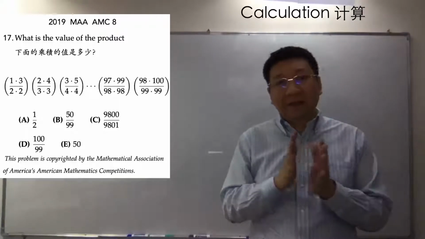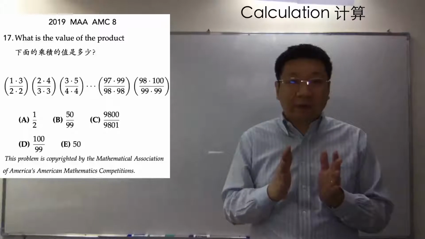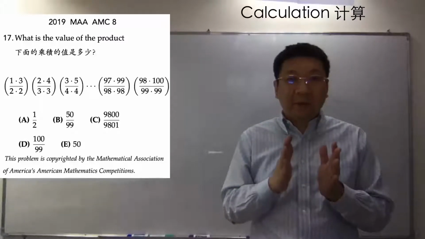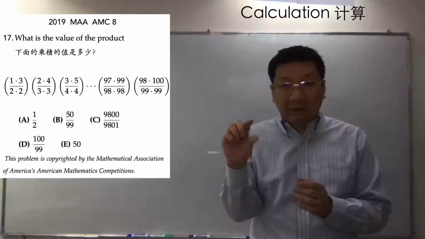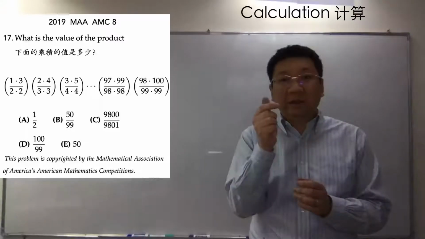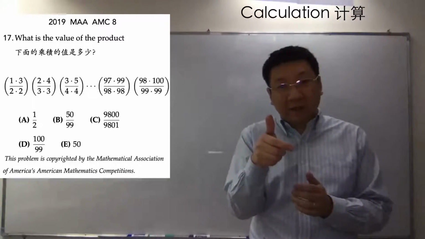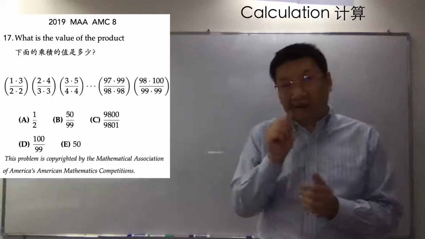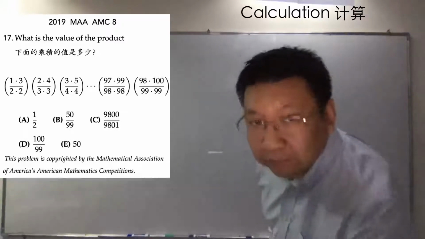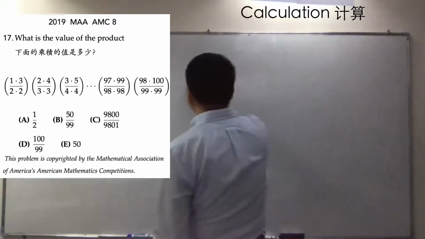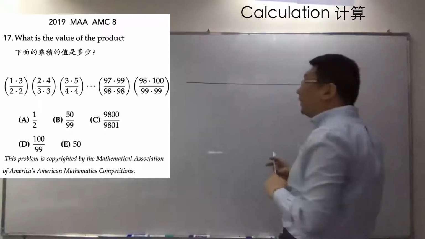So the clever way I think of is I will write down both the numerator and the denominator not in one single line but in 2 lines, as each denominator and each numerator now is a small product. So this product is numerator divided by denominator.